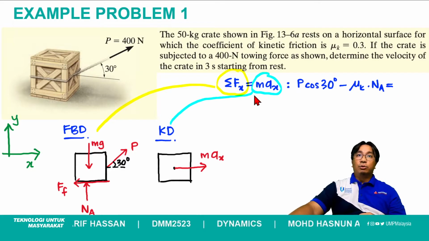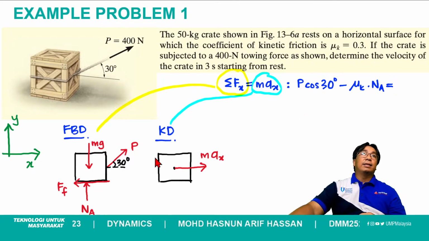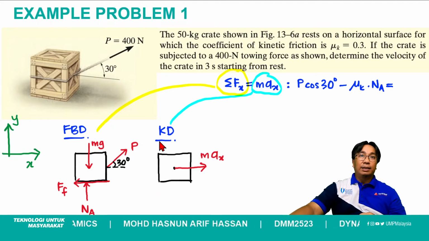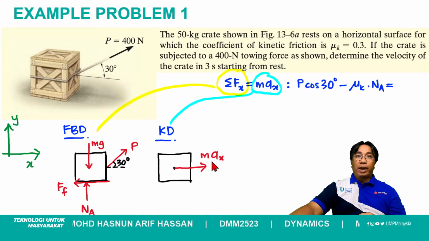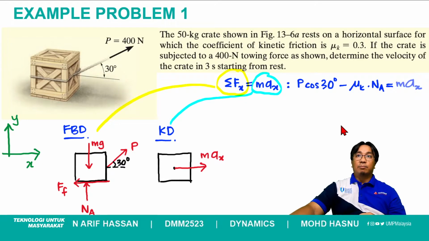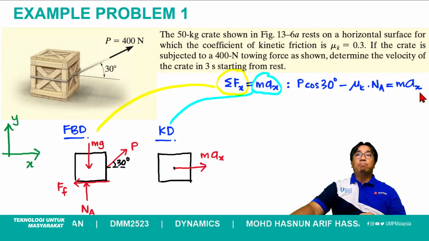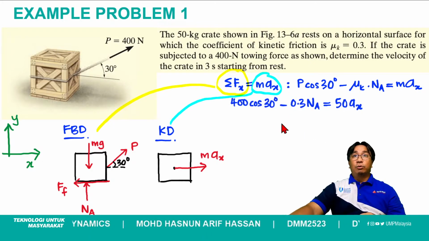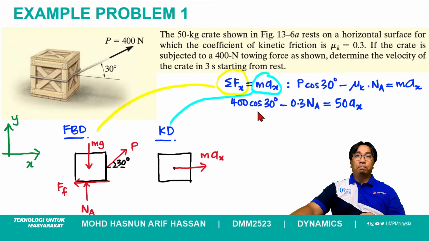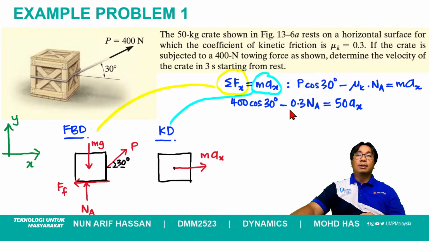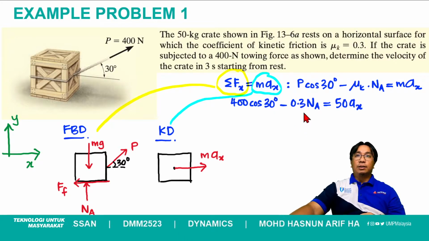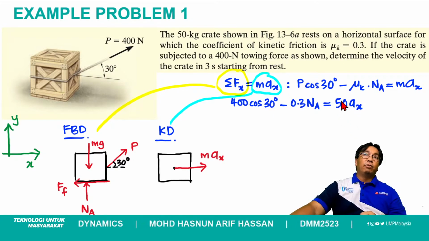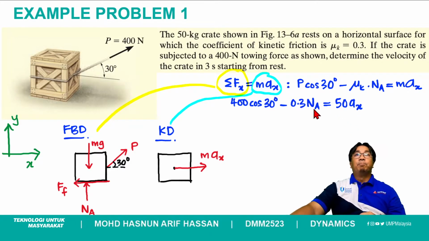Now equal to, look at the kinetic diagram. What do you have in the kinetic diagram? You have max in the kinetic diagram. So you will write max. Okay. Then we can substitute all the values. 400 for P cos 30 degrees minus 0.3 Na equals 50 ax. 50 is the mass given here.